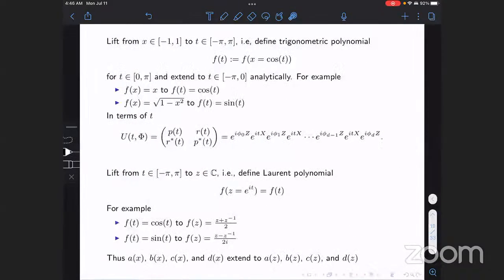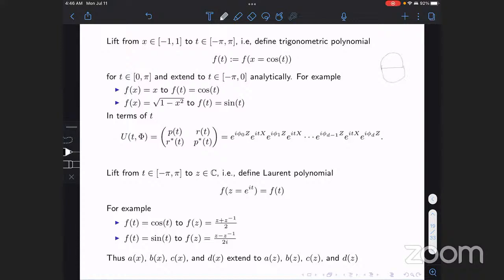As you have seen, most of this talk is related to complex variables. So it's useful to lift these functions to the complex domain. I will do that in two steps. For any function defined on the real interval from -1 to 1, it's natural that we can lift it onto a function on the unit disk.